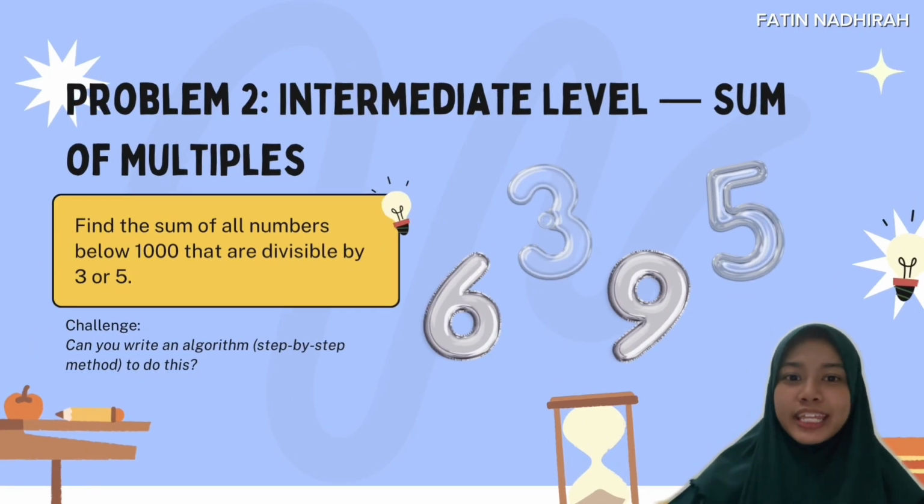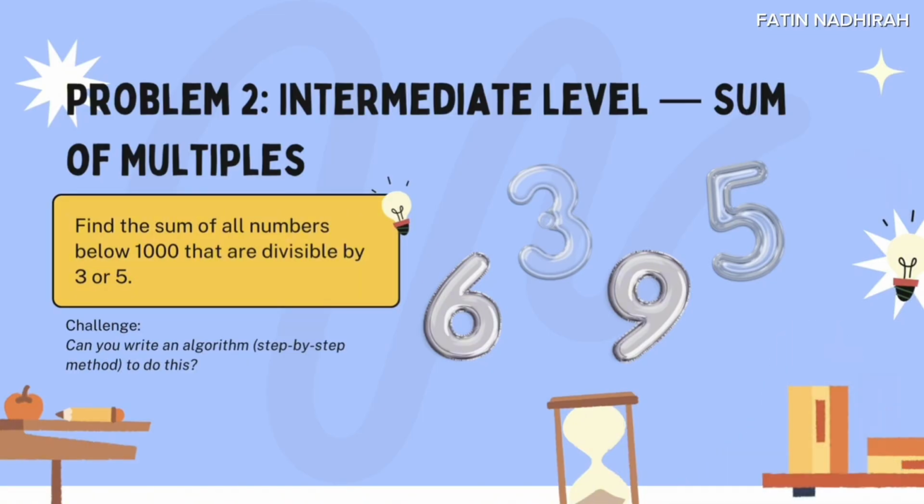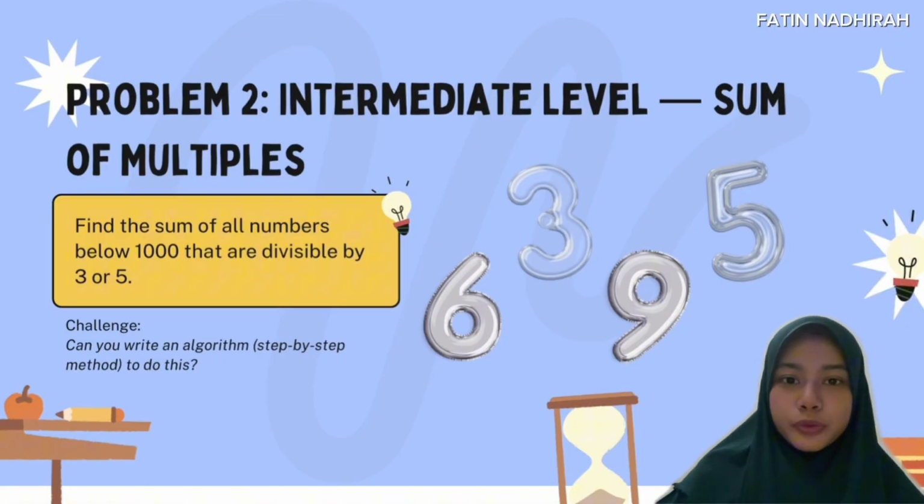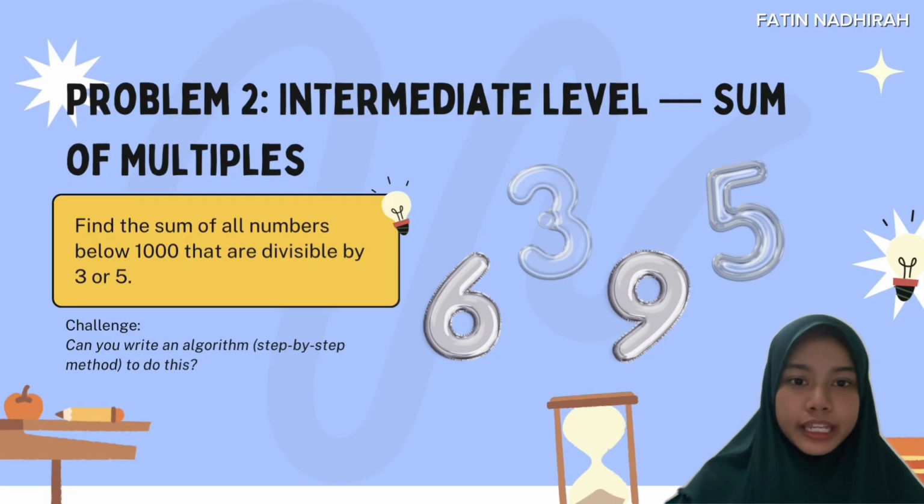Next, let's find the sum of all numbers below 1000 that are divisible by 3 or 5. That is 3, 5, 6, 9, 10, and so on. Sounds like a lot to add. That's where algorithms come in handy.